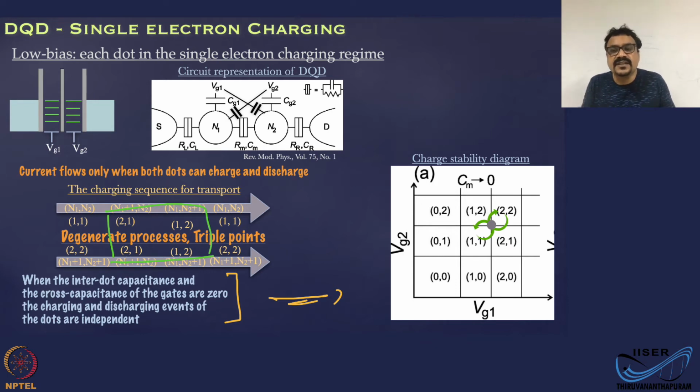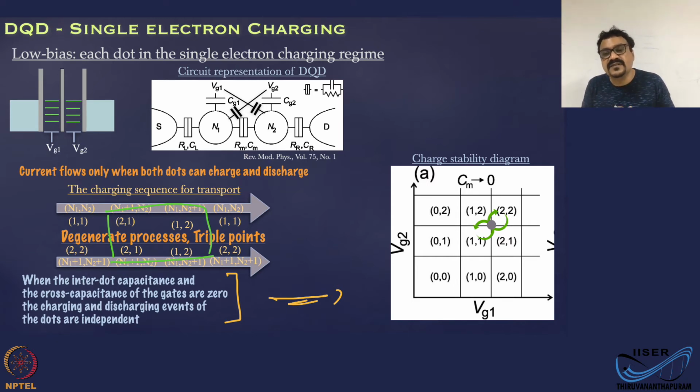These energy levels should happen at the same point. That means VG1 and VG2: whenever VG1 enables the fluctuation of electron number on dot 1, and VG2 enables the fluctuation of electron number on dot 2, these two points need to cross.